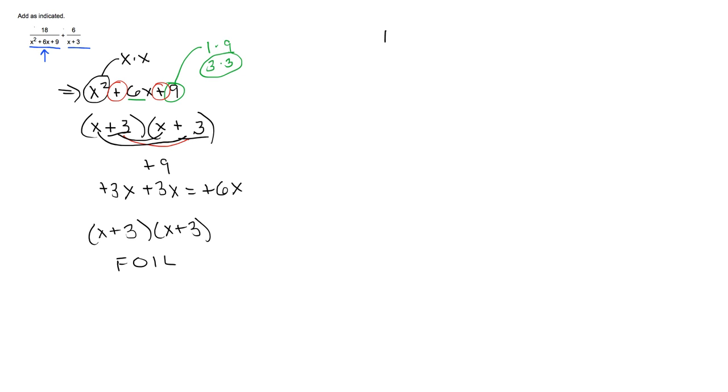So I'm going to rewrite this as 18 over x plus 3 times x plus 3. And then I have 6 over x plus 3. If I look at the second denominator, this x plus 3 cannot be factored any further. That's as far as it will go.